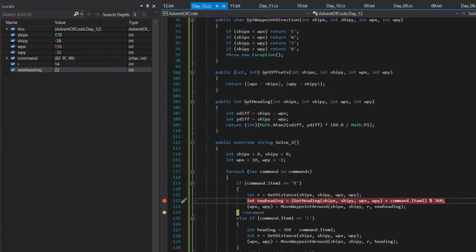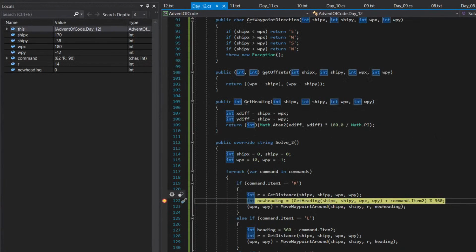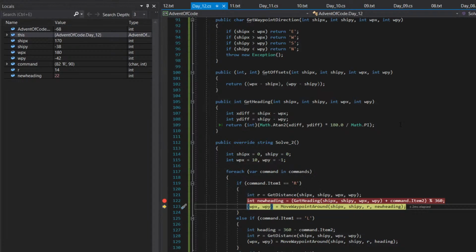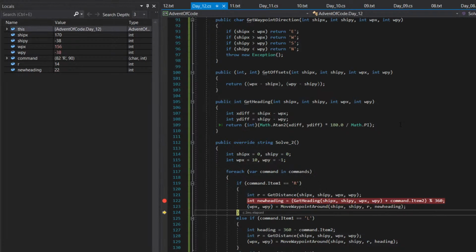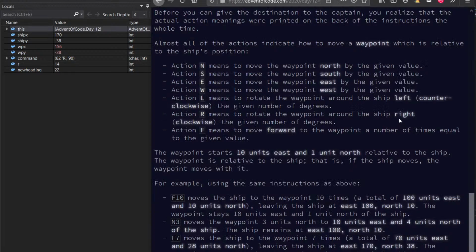Okay. What did we have before? 180 and negative 42. 156 and negative 38. It's not what we should have for this. The command is right 90 degrees. Four units east, 10 units south.